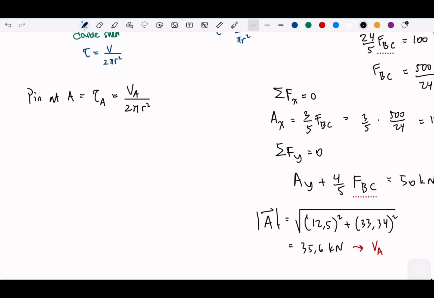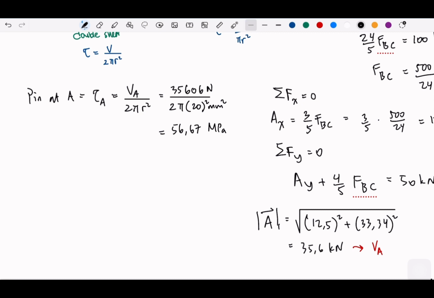I will write the V in Newton, so 35,606 Newton divided by 2 pi, the r is 20 millimeter squared. After some calculations, the Newton over millimeter squared will give you megapascal. So this will be 56.67 megapascal.